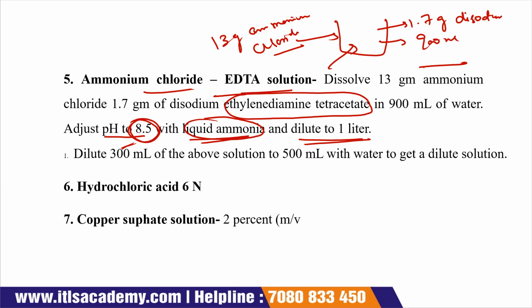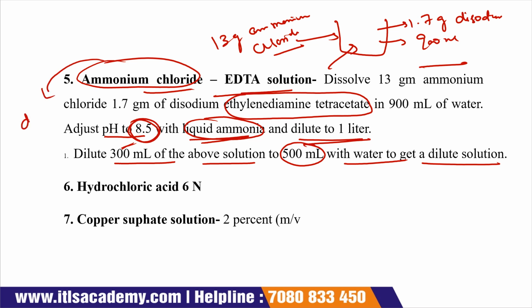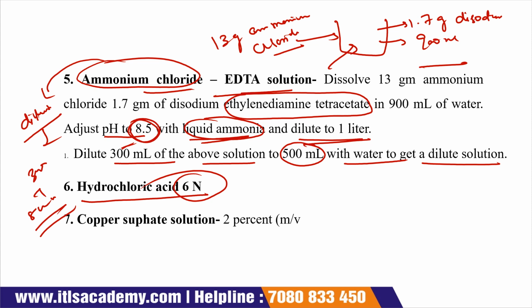Then dilute 300 ml of the above solution to 500 ml with water to get a dilute solution. So we have to prepare this solution in dilute form. For this we take 300 ml of this solution and add water to make 500 ml. Then the dilute ammonium chloride-EDTA solution is prepared. The next reagent that we require is 6 normal hydrochloric acid. How do we prepare it?